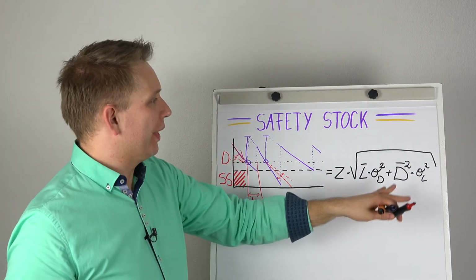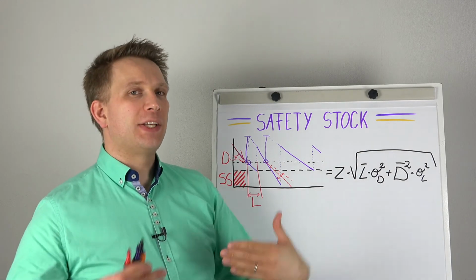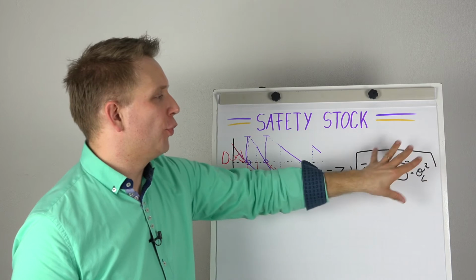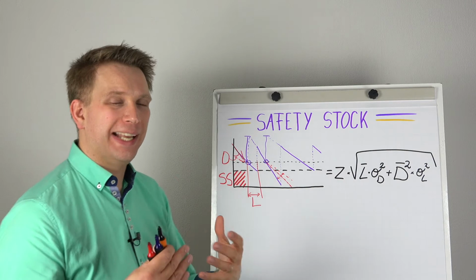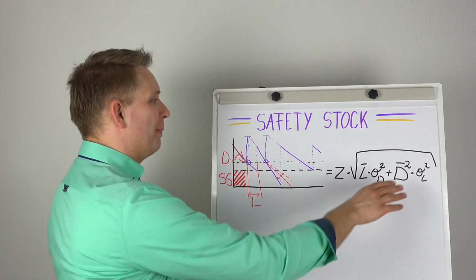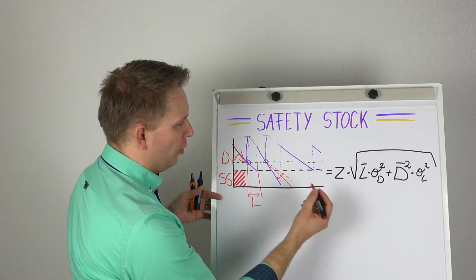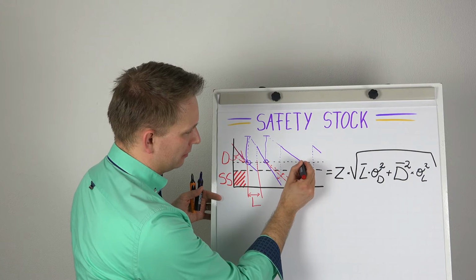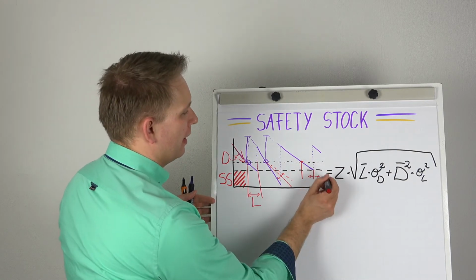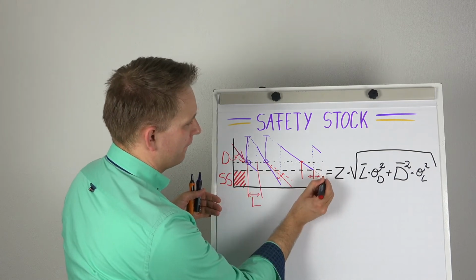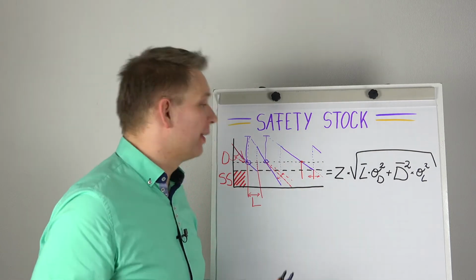And here we take the square of the average demand. Now it's not that we per se square the average demand, it is because we will then root it again. This gives us the full demand times the standard deviation of our lead time. So basically what we say here is, look, if that lead time suddenly becomes longer or shorter, and especially, of course, longer, because shorter, well, okay, we get a bit more inventory, but so be it.